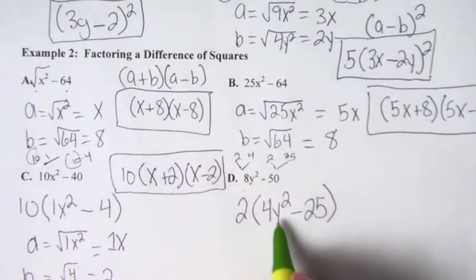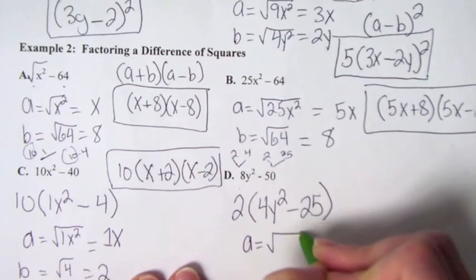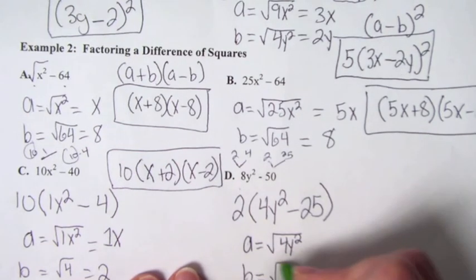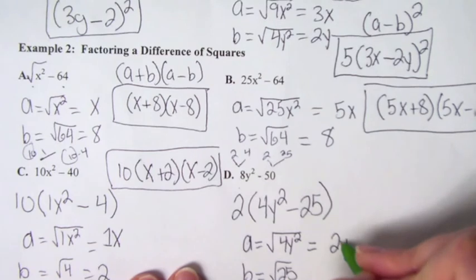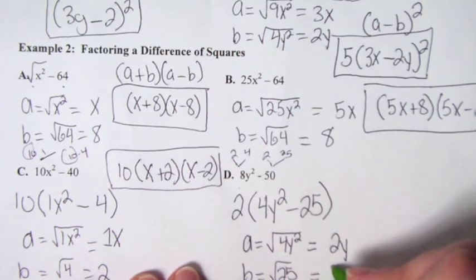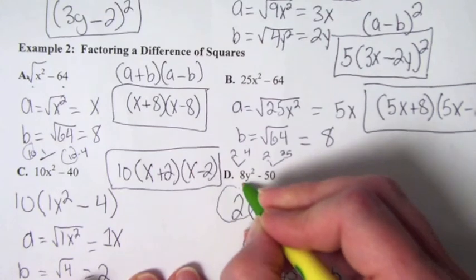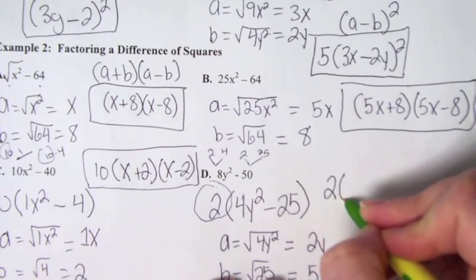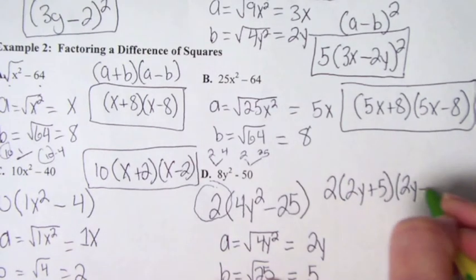And if you recognize 4 and 25, each of those are perfect squares, so now we can find our a and our b. Our a equals the square root of 4y squared. Our b is the square root of 25. So on top we have 2y. For b we have 5. And then we cannot forget about this factor of 2 that's sitting out over here. So then our factors are 2, parentheses, 2y plus 5, 2y minus 5.